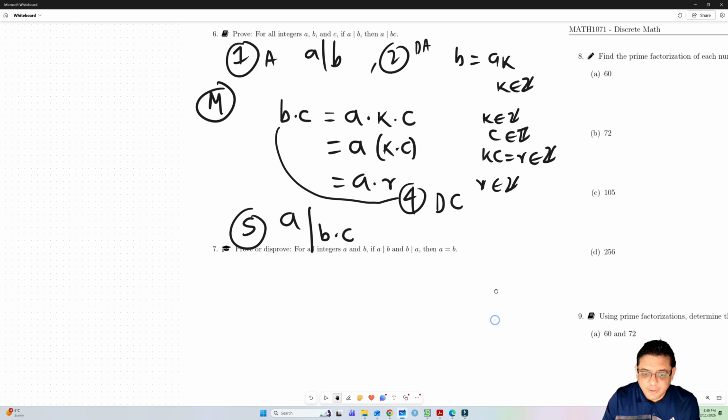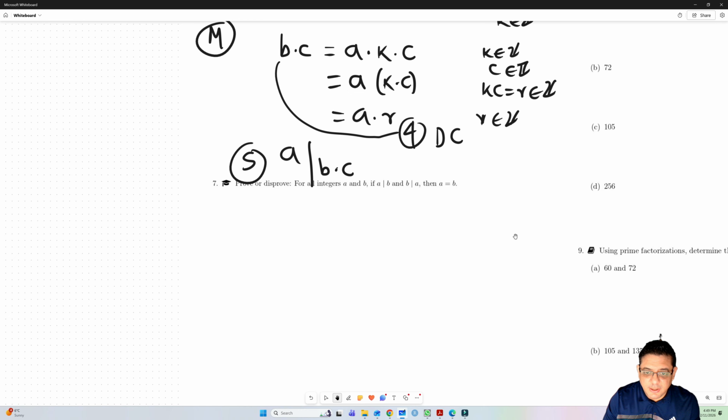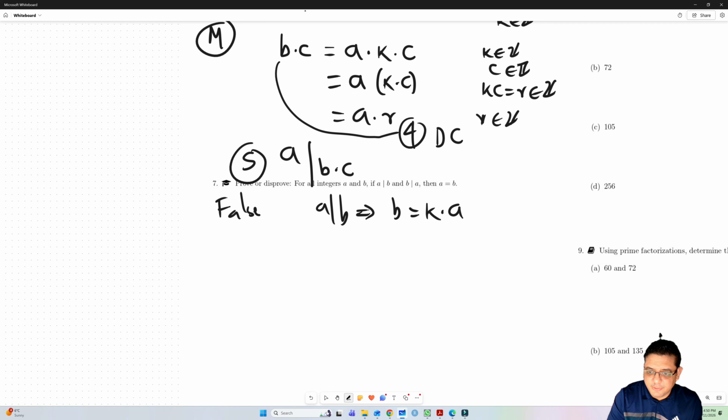All right, question number 7. Prove or disprove: if a and b are such that a divides b and b divides a, then a equals b. And this is actually going to be false. This is something that you can think is true because, oh, you have the implication on both sides. But if you have a divides b, you're only having that b equals k times a for a certain integer k.